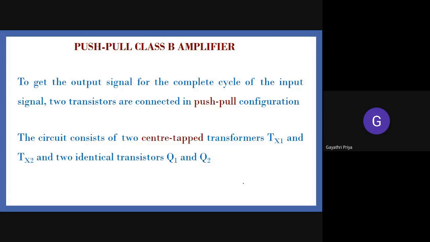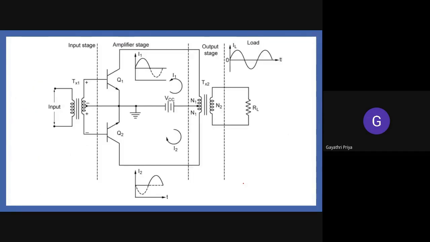Here we are going to make use of a center tapped transformer. What is the speciality of a center tapped transformer? Have you used the center tapped transformer ever before? In the Class A power amplifier, we used the transformer, right?